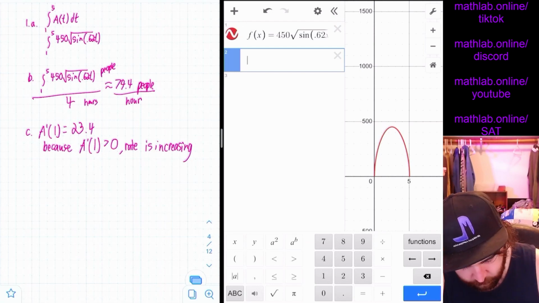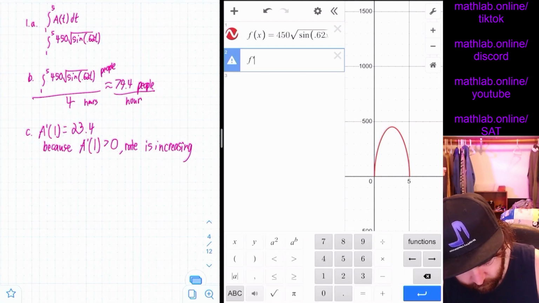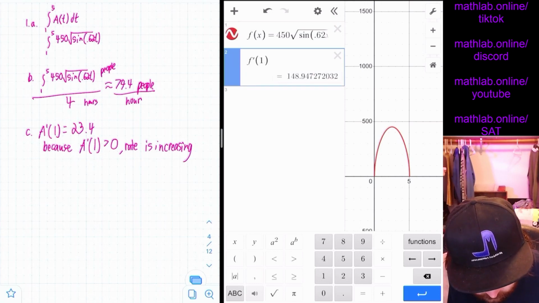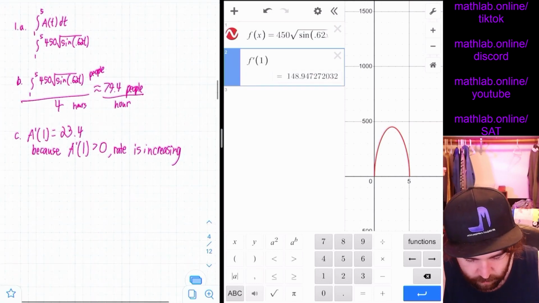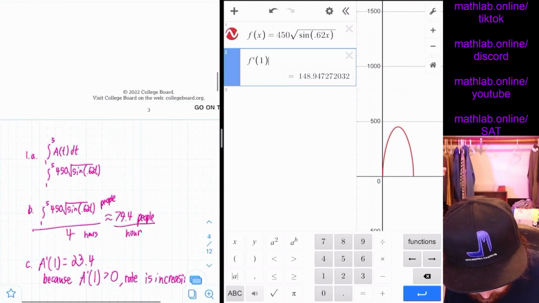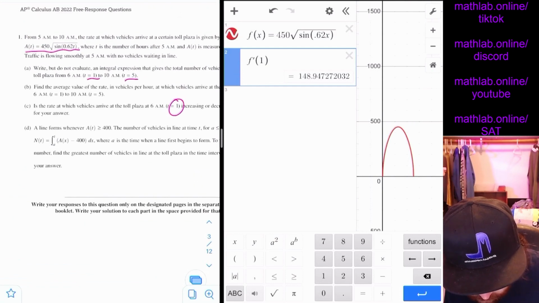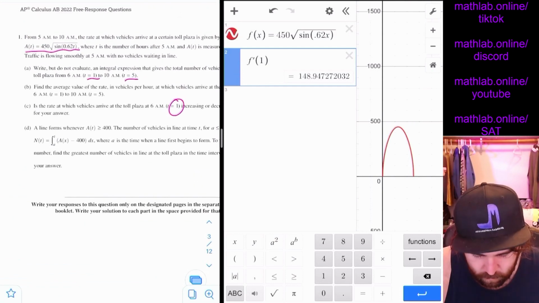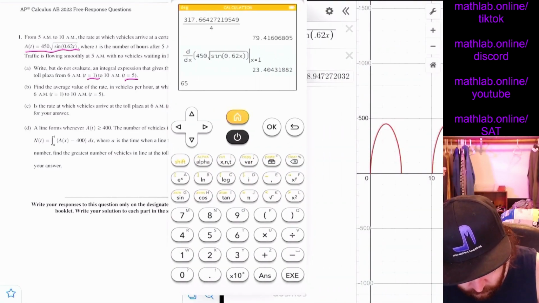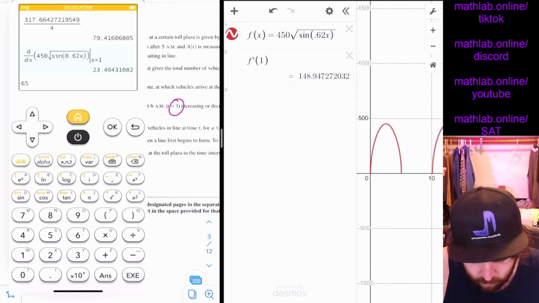And then what do we want? We wanted to find f prime of 1. They said that was 100? Hang on. What?